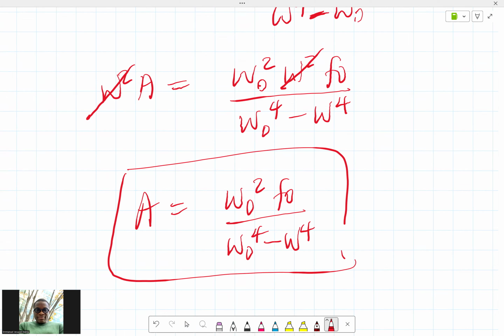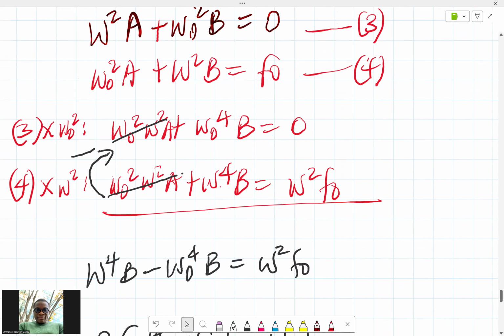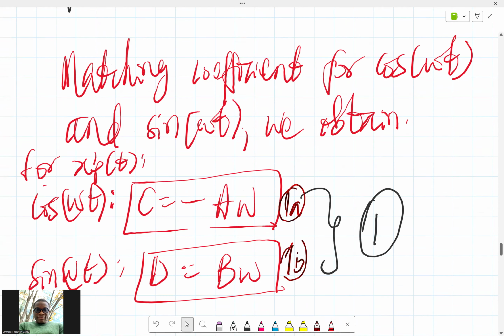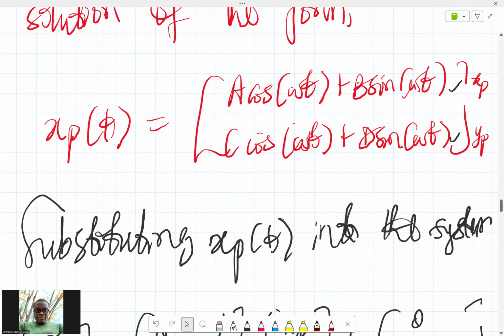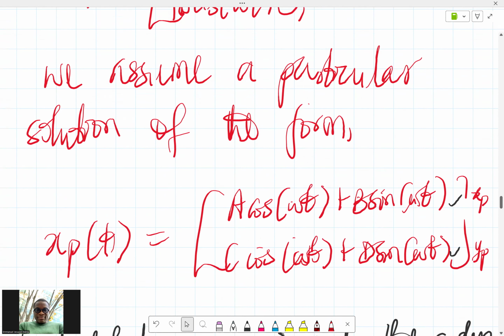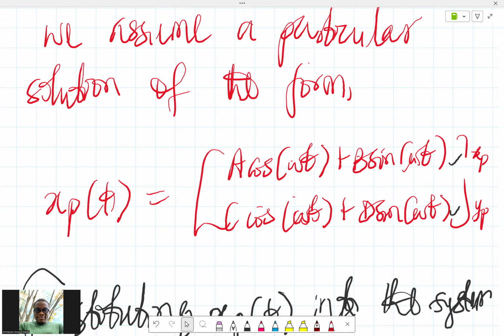So we can get our particular solution now that we have A and B. What's the particular solution again? The assumed solution is A cos omega t plus B sine omega t, then C cos omega t plus D sine omega t.